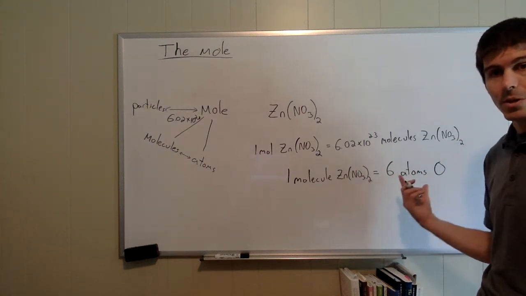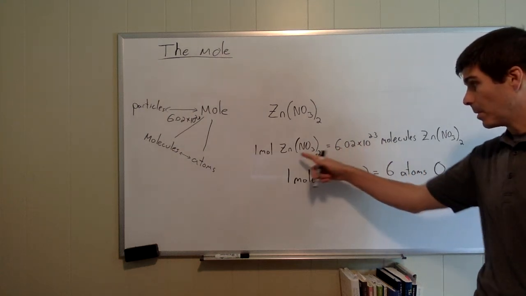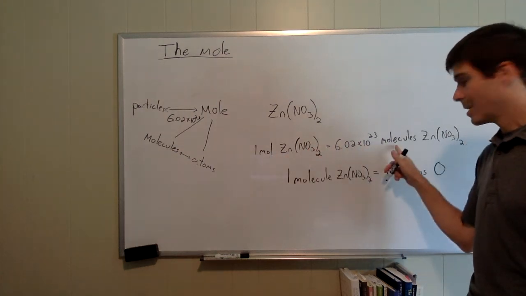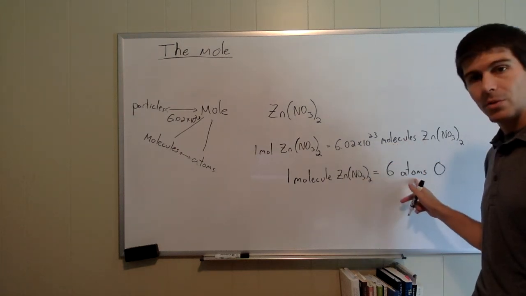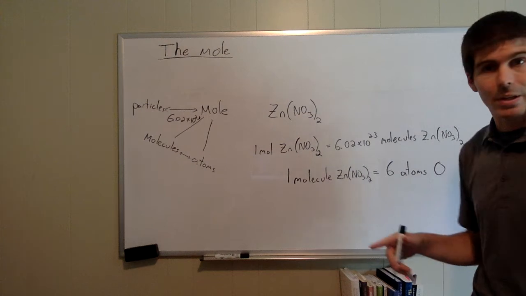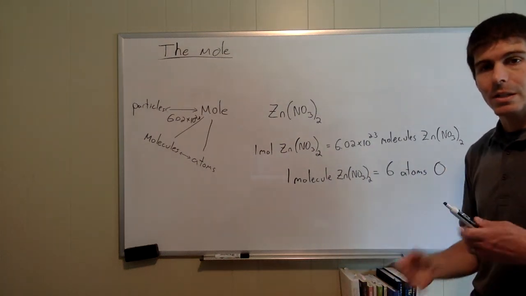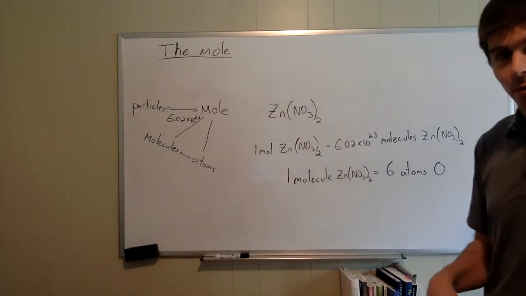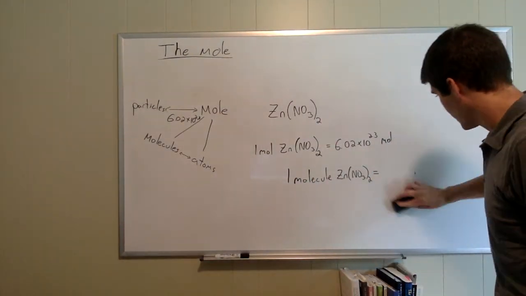It's a 1:6 ratio. 1 molecule has 6 oxygens. And we can use Avogadro's number to go from moles to molecules, but then we can even dive into it and say, okay, how many individual oxygens are there? So that's a useful skill. Sometimes we need to look inside the molecules to see how many things there are to convert. So that's one troubleshooting tip that comes up a lot.